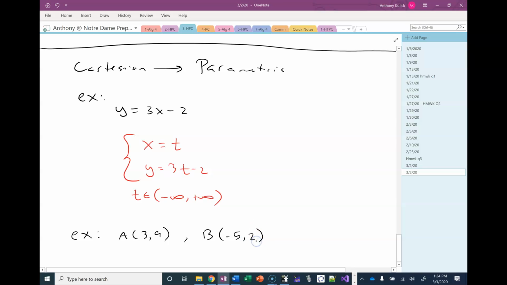So let's say we wanted to write the parameterization of the line that passes through the 2 points here, A and B. When I say parameterization, what do I really mean? I just want the parametric function, right, of the equation for the line that goes through these points.